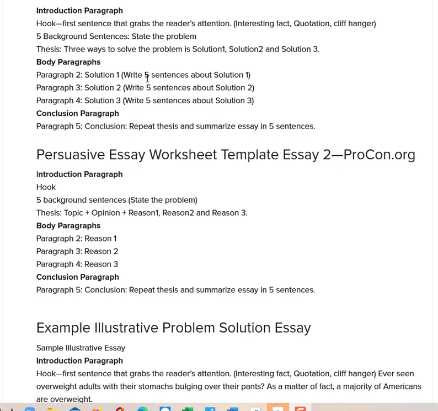And if you run out of ideas, you would Google the adverse effects of obesity, or how obesity harms people's health. Then you would find the 3 reasons, and each reason will have its own body paragraph, just like each solution has its own body paragraph.